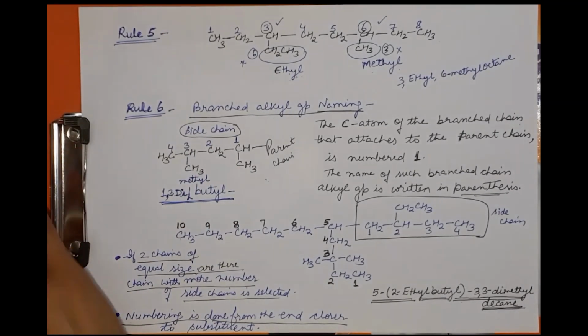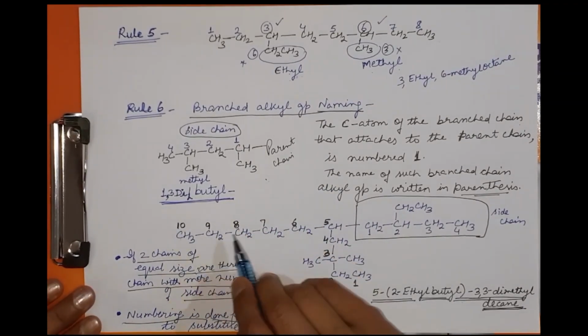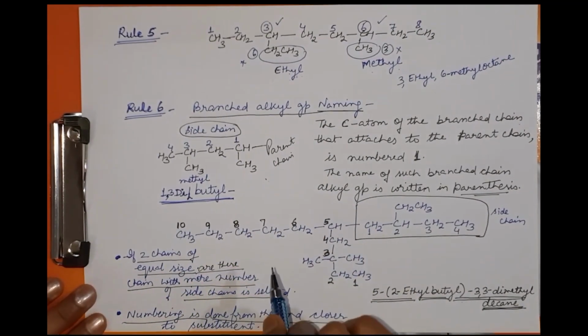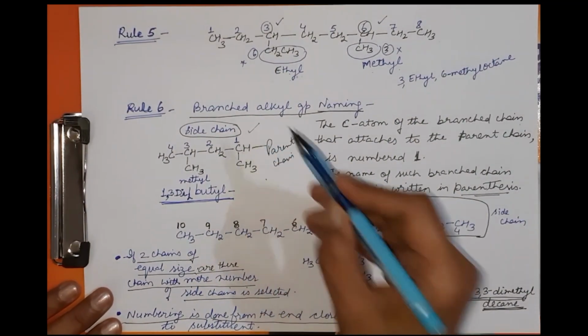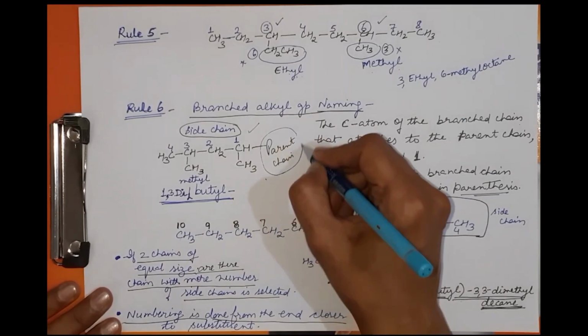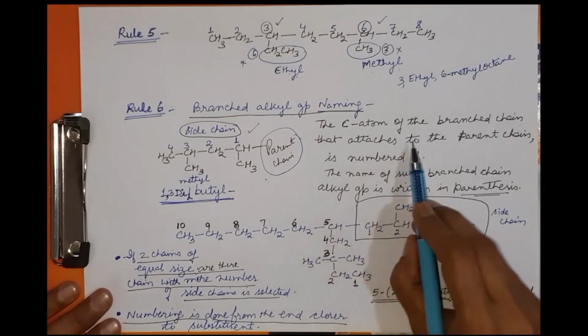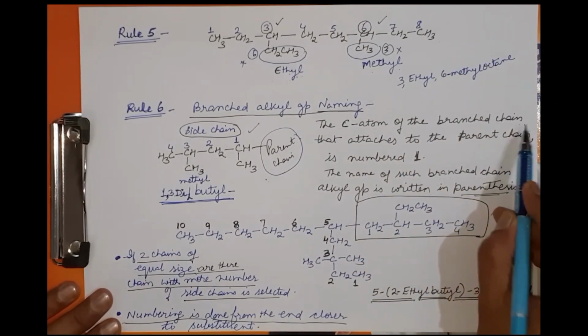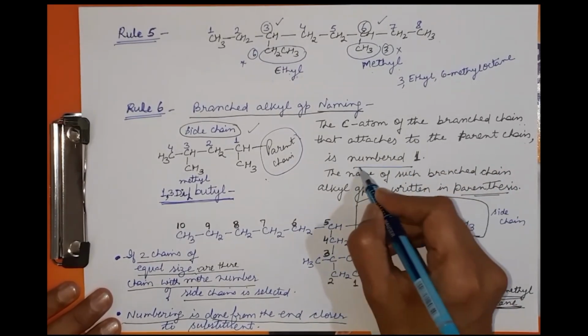Then rule number 6. If we see some very complicated side chain attached to the parent chain, suppose this side chain is there, which is attached to the parent chain. So how will we name this side chain? The carbon atom of the branched chain that attaches to the parent chain is numbered 1.